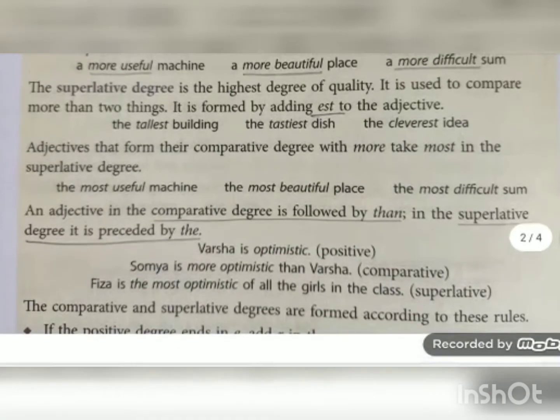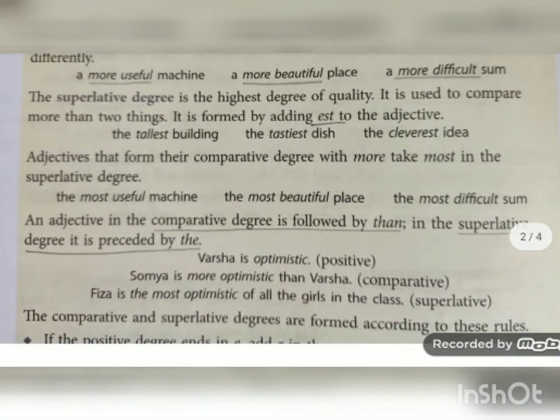Next is, an adjective in the comparative degree is followed by than. In the superlative degree it is preceded by the. Followed means after the given adjective, and preceded means before the adjective. So when we write an adjective in comparative degree, after the adjective we use than, because we are comparing a noun with another noun.